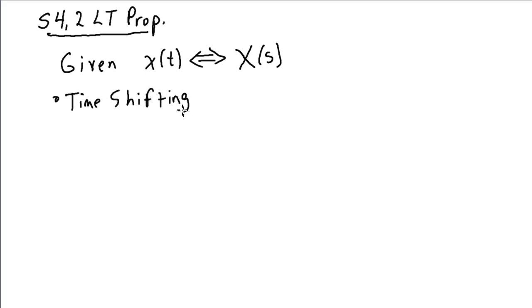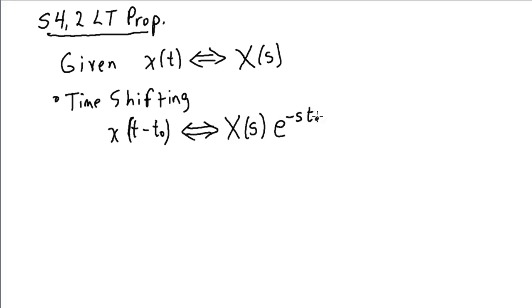This is a quite common operation, but if, for example, we are dealing with a time-shifted version of x of t, then its Laplace transform will be the Laplace transform of the unshifted x of t, which we call X of s, times e to the minus s t0, where minus t0 here is our time shift.